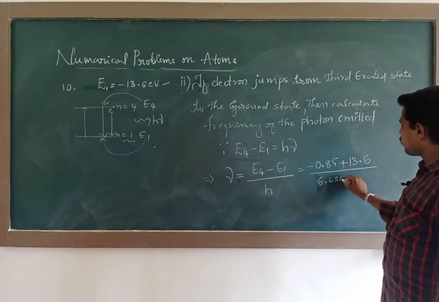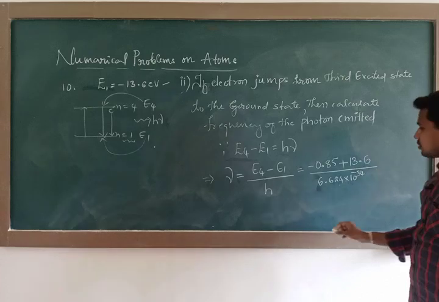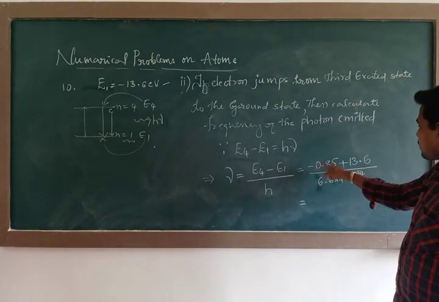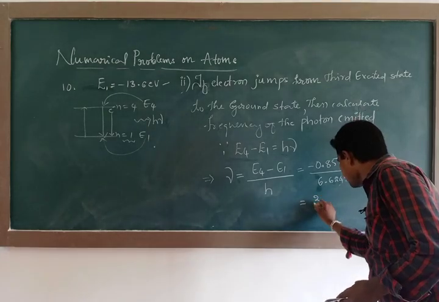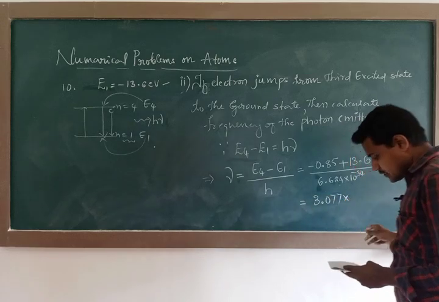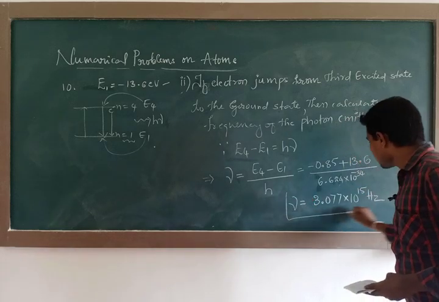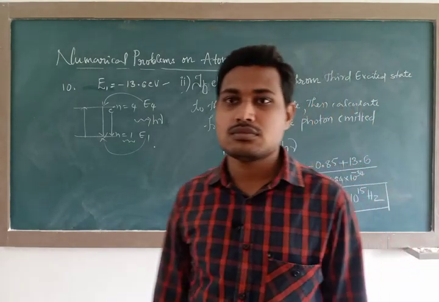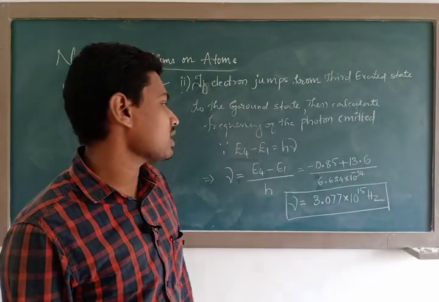6.624 into 10 raised to minus 34. If you solve this, the numerator becomes positive, and dividing by 6.624 into 10 power minus 34, you will get the frequency as 3.077 into 10 raised to 15 hertz.